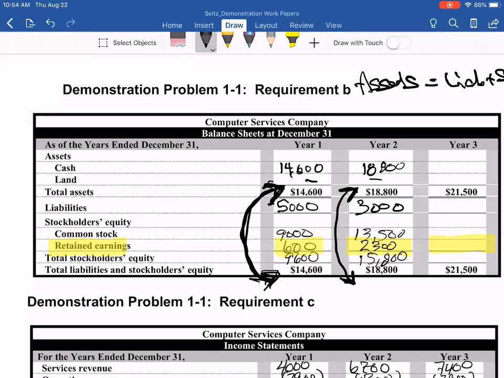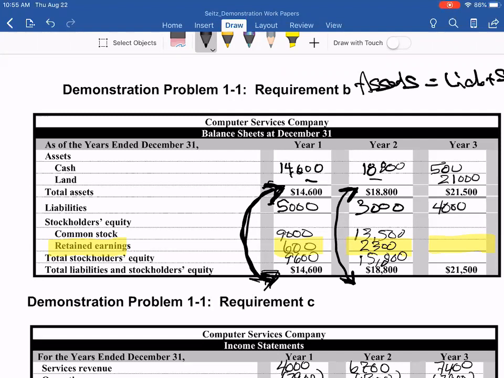All right. Finishing up our last balance sheet, I see that the cash balance at the end of year 3 was only $500. But now I have land of 21,000, and therefore now my total assets equal 21,500. I issued more liabilities, so now I have $4,000 that I owe.